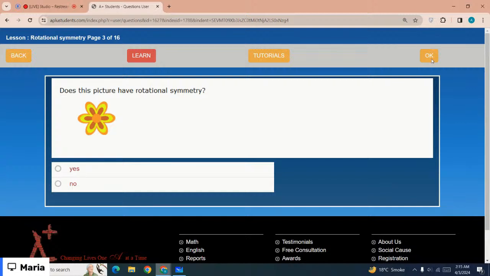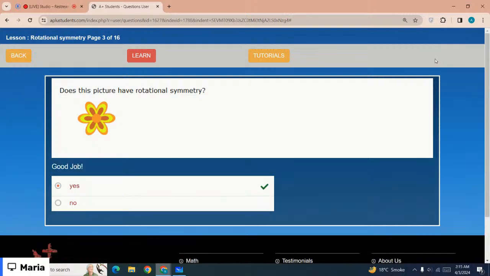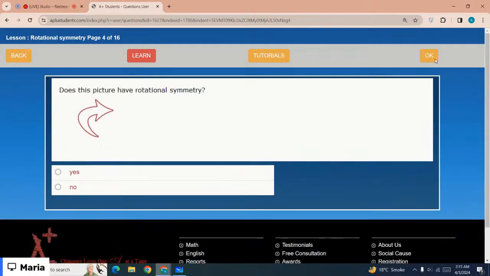The correct option is yes. Does this picture have rotational symmetry?